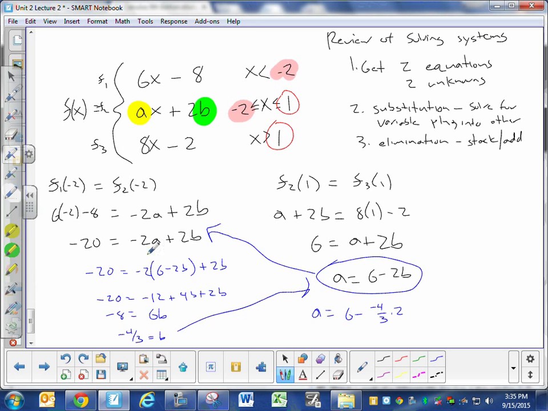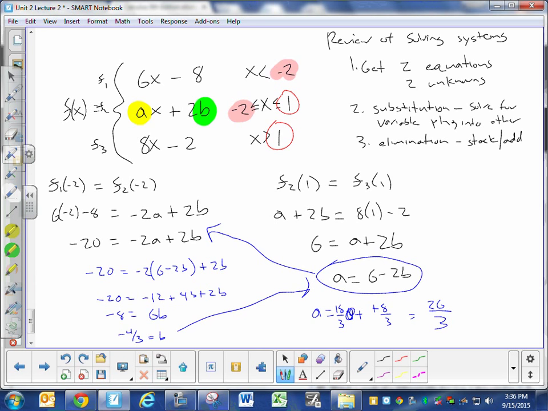That's negative 8/3. So that's plus a positive 8/3. This is 18/3. So this is 26/3. All right. Not nice numbers, but that's the answer.